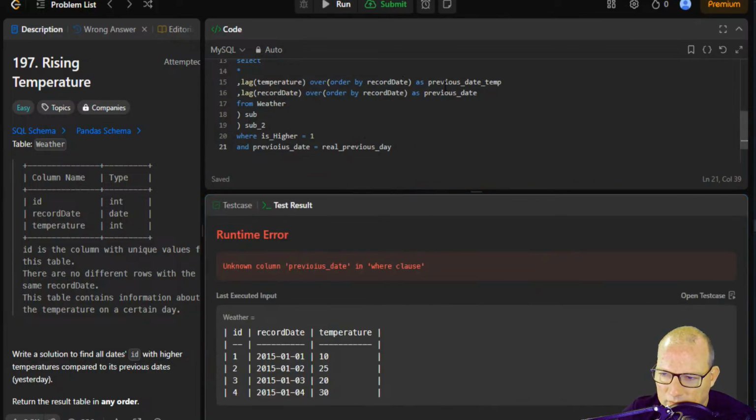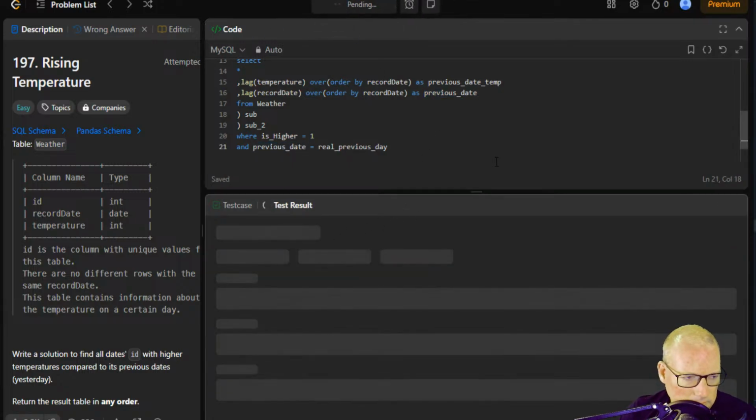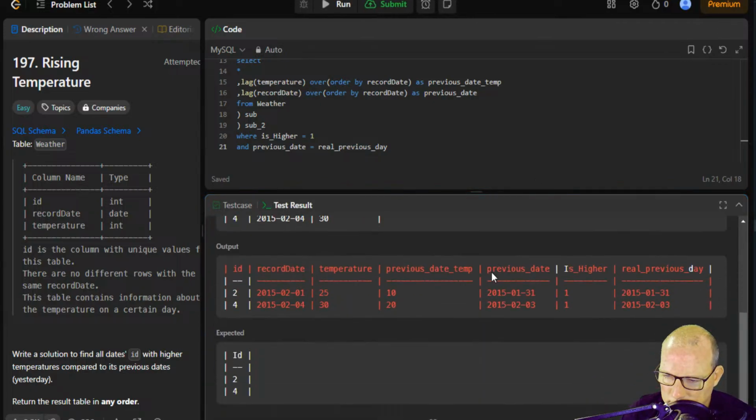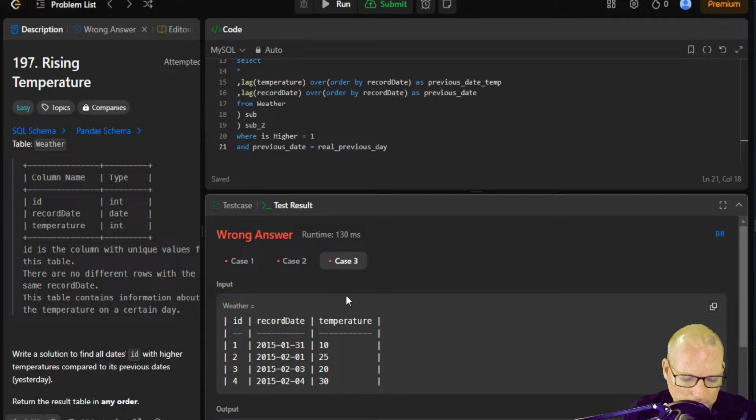Helps if you can type. All right, there we are. Awesome.